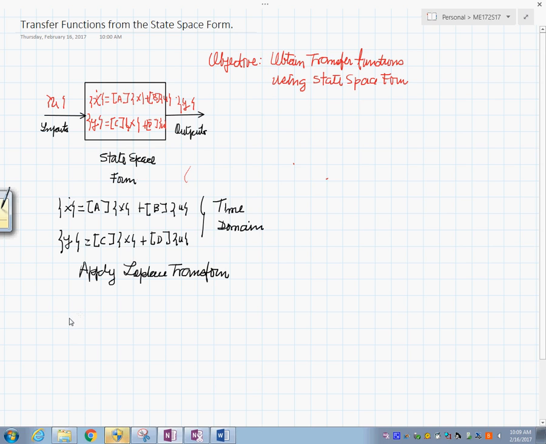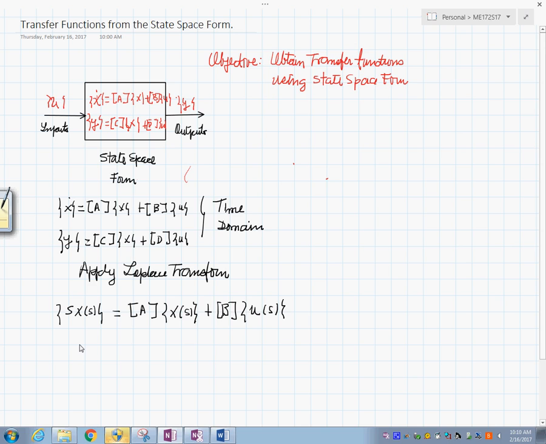And so in here you're going to say this would be s times x of s, like this, vector, equal to the matrix A times the state variable vector, which is x of s, okay, plus the matrix B times the input vector, which would be u of s, yeah?